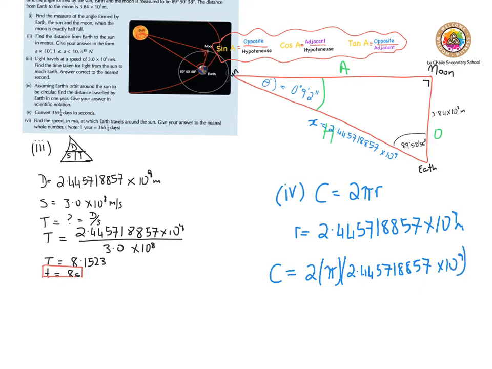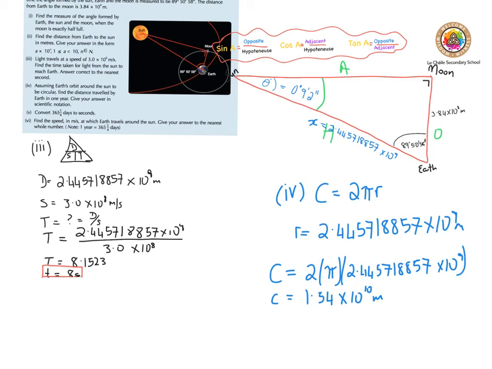And so we just input it into our calculator like that, and we're going to get an answer of 1.54 by 10 to the power of 10 meters. Okay, so that's roughly the circumference or the distance travelled by the Earth in its orbit.